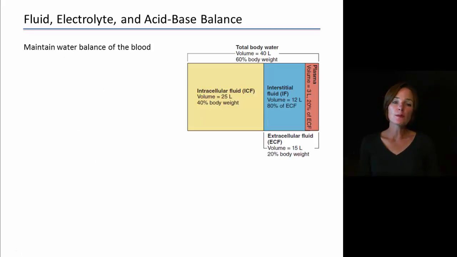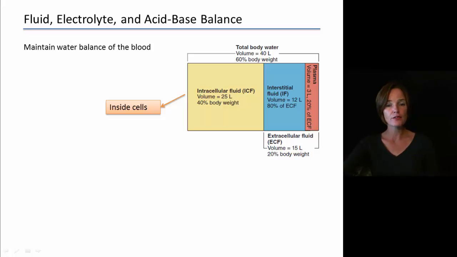The kidneys help to maintain the water balance of the blood, so that is one of those functions. When we're talking about total body water, all of the water that we have in our body, it is found in basically 3 different types. We have the intracellular fluid. Intra means inside, so here we're talking about the fluid that we find inside of our cells.